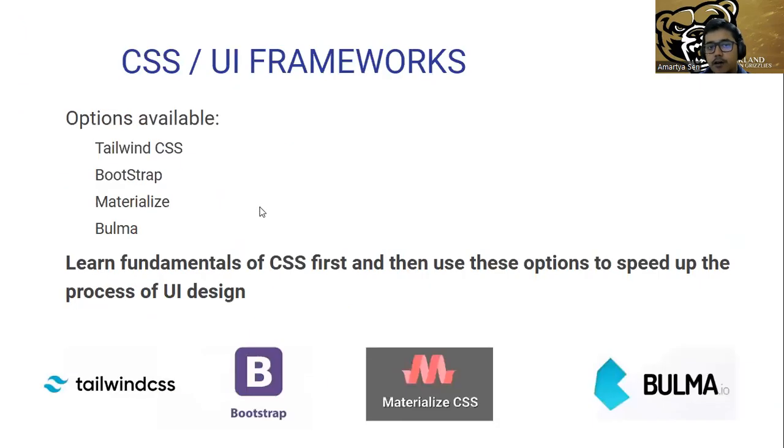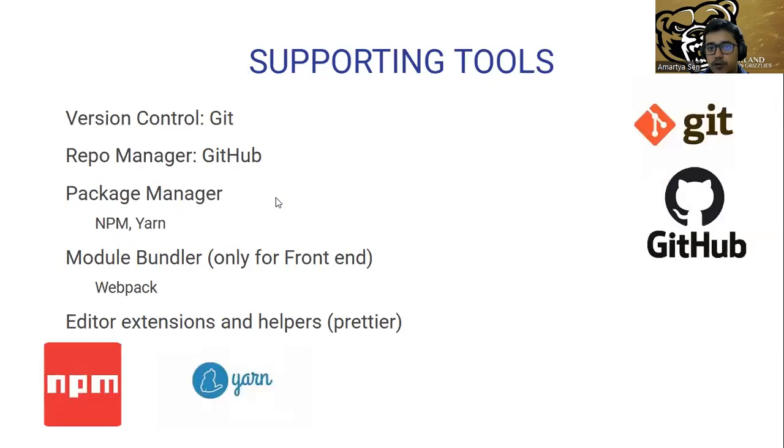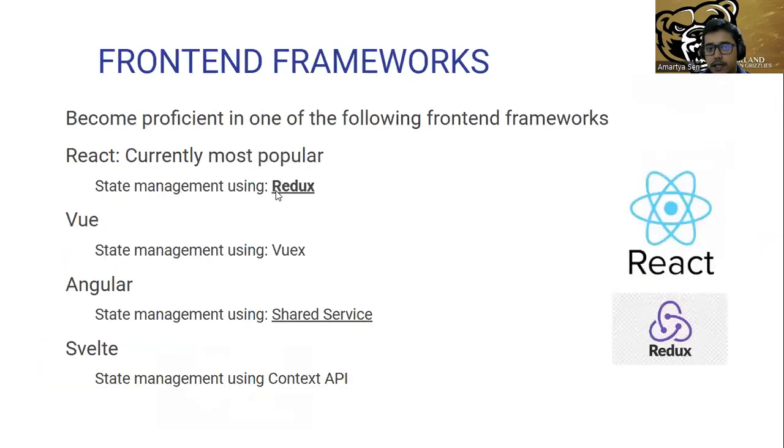So once these main technologies and supporting tools are covered, just as you can optimize the process of writing CSS by using a CSS framework, there are ways to optimize the process of JavaScript as well, right? How do you manipulate the DOM and make your code more reusable, okay? Make it more decomposable and reusable, so to speak. There are various front-end frameworks out there in the market, right?